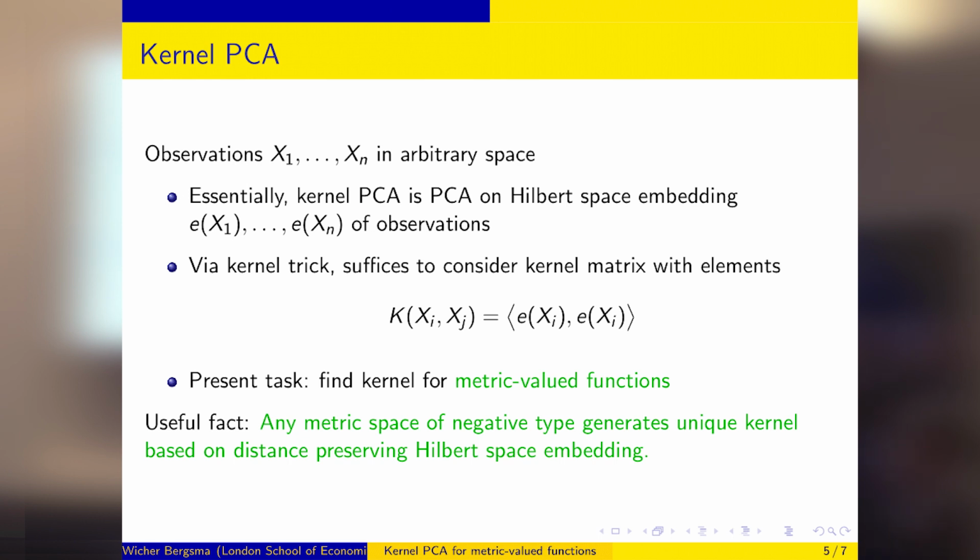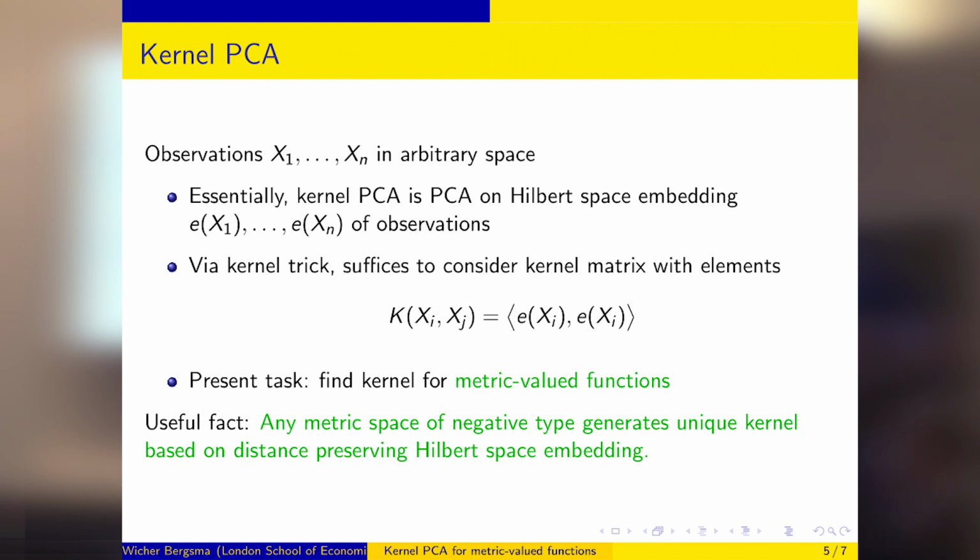So the present task with metric valued functions as observations is to find a kernel for metric valued functions. So we can use a useful fact: for any metric space of negative type, we have a unique kernel based on a distance preserving Hilbert space embedding.